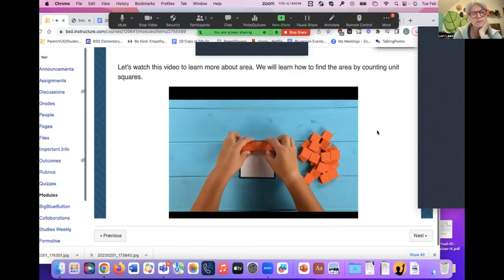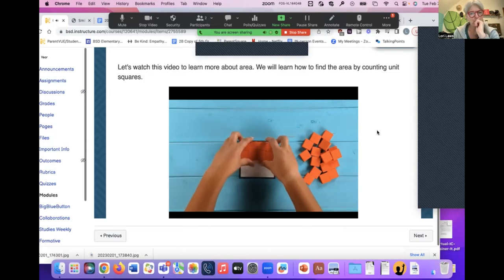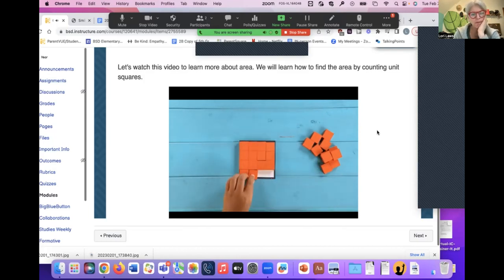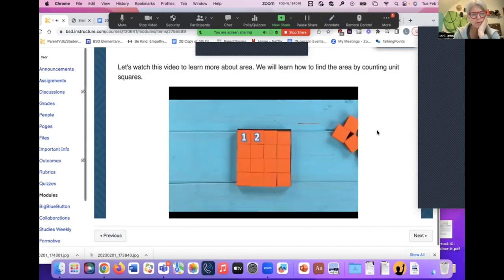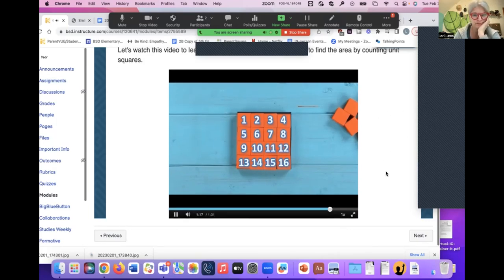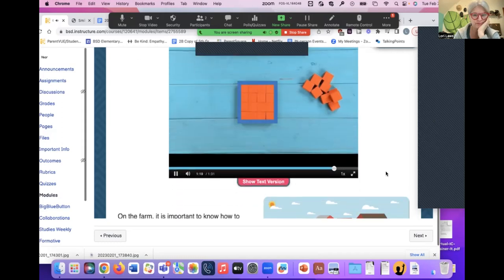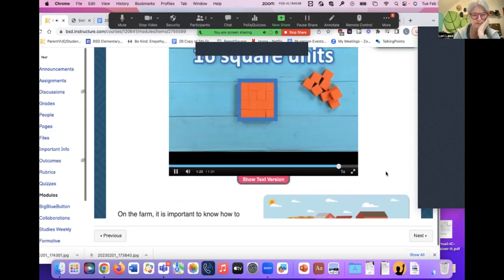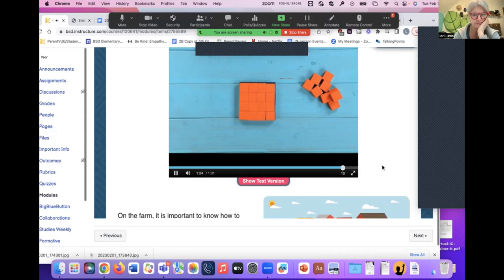Once we lay down the unit squares so they're all touching, we can count how many we used. 1, 2, 3, 4, 5, 6, 7, 8, 9, 10, 11, 12, 13, 14, 15, 16. This square's area is 16 square units. Now that you know how to find an object's area, what else could you measure with unit squares?